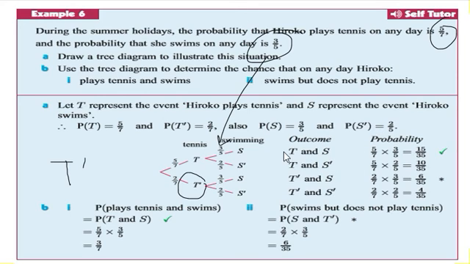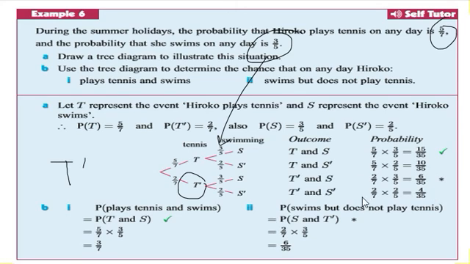T and S, so being able to play tennis and swim, the probability is 15 out of 35. Playing tennis and not swimming is 10 out of 35. Not playing tennis but being able to swim is 6 out of 35. Not playing tennis and not swimming is 4 out of 35.